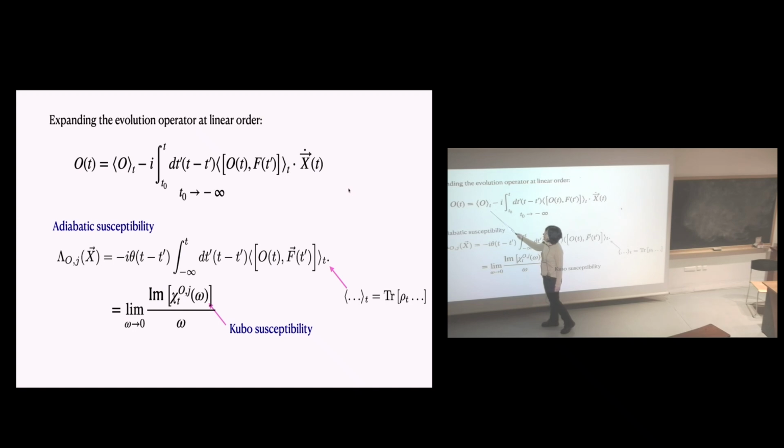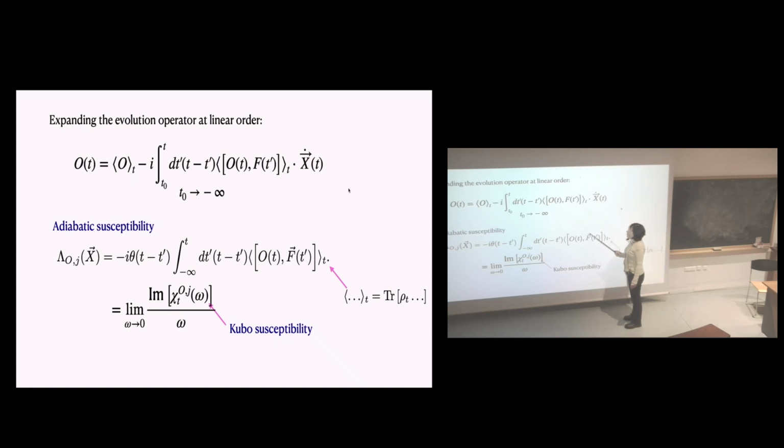We have a first component which corresponds to the frozen component plus this term, which is similar to the susceptibility, but we call it the adiabatic susceptibility, because the usual Kubo susceptibility doesn't contain this t minus t prime.